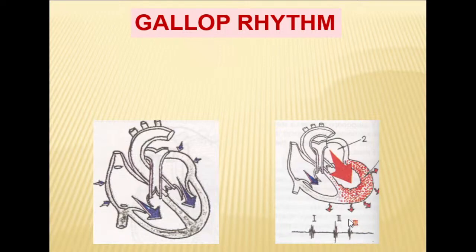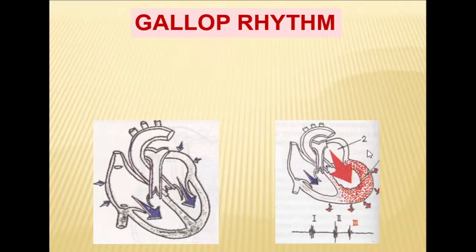If it appears early, at the beginning of the diastolic period, we are talking about a pathological surge, the protodiastolic sound. If it appears later, at the end of the diastolic period, when the left atrium actively contracts and pushes blood into the left ventricle, we are talking about the fourth, presystolic sound.